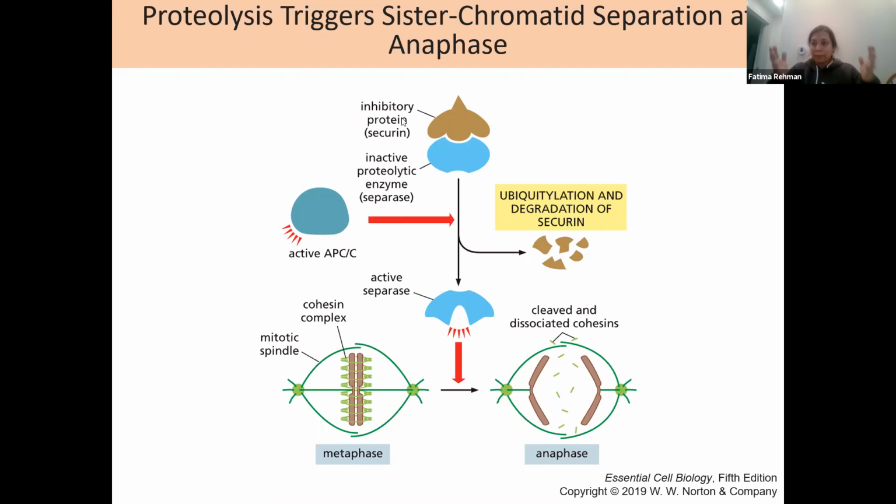So when this metaphase plate has been made and it is fully aligned, an active APC complex protein breaks down the inhibitory securin protein. It ubiquitinates it and targets it for proteolytic degradation. This allows the separase to become activated because it's no longer bound to securin. And that can then come in and destroy the cohesins, the associations of the two sister chromatids with the cohesin molecules.